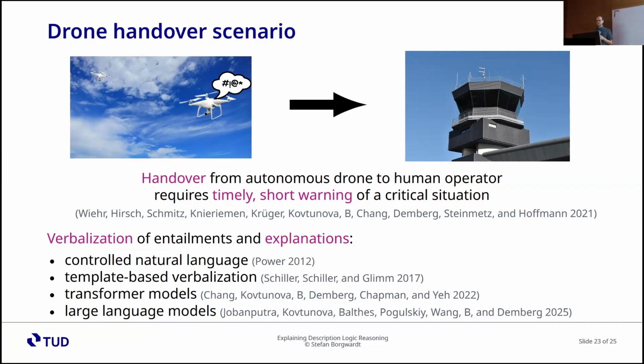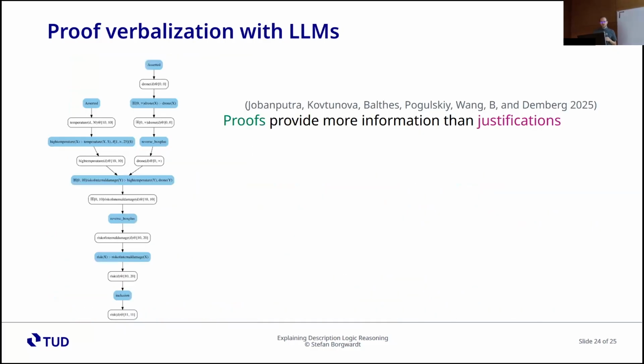That would take hours. We just have a few seconds, so we really need to figure out what is the best part, or what is the most important part of the proof. And there we've also found out that proofs really provide more information, more context for these automated methods to work well. Because if you just give it the two axioms at the leaves, then sometimes this is not enough information about the reasoning process behind what went wrong.